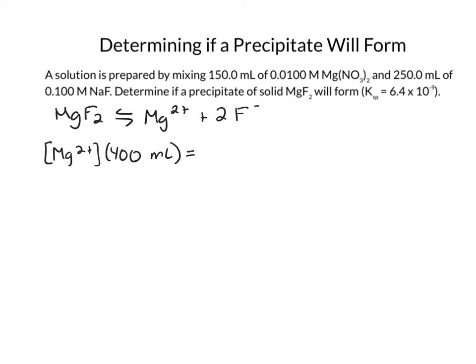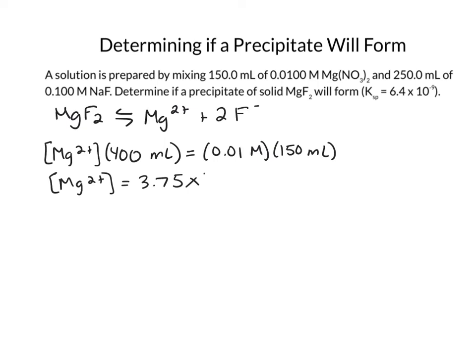It's going to be equal to the concentration from the 0.01 molar magnesium nitrate in 150 milliliters. So that means that my magnesium is equal to 3.75 times 10 to the negative third molar.